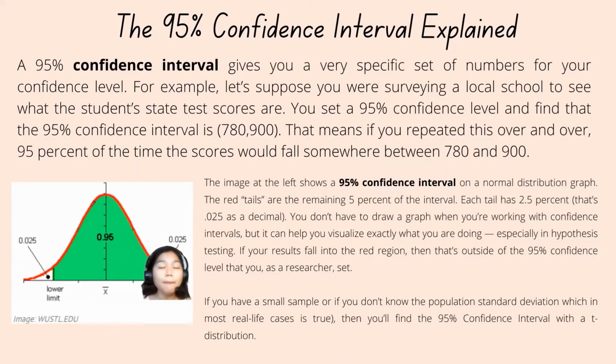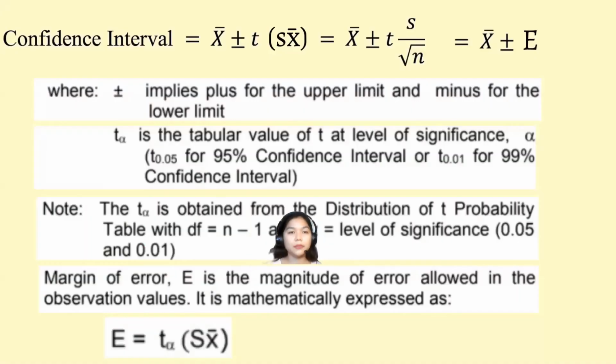If you have a small sample or if you don't know the population standard deviation, which is the reality in most real-life scenarios, then you'll find the 95% confidence interval with a t distribution. Later on, we will also get to know what the t distribution is.